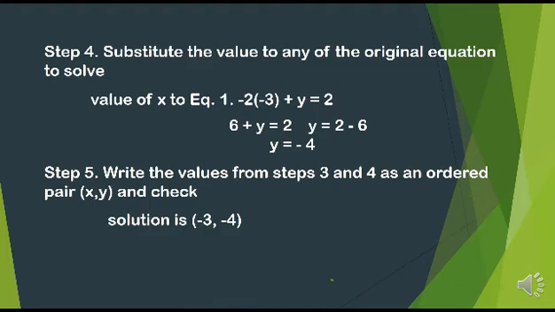Negative 2 times negative 3 is positive 6. Plus the value of y, negative 4. So positive 6 plus negative 4 is equal to 2. It means it is satisfied. So it checks. The solution set is (negative 3, negative 4).